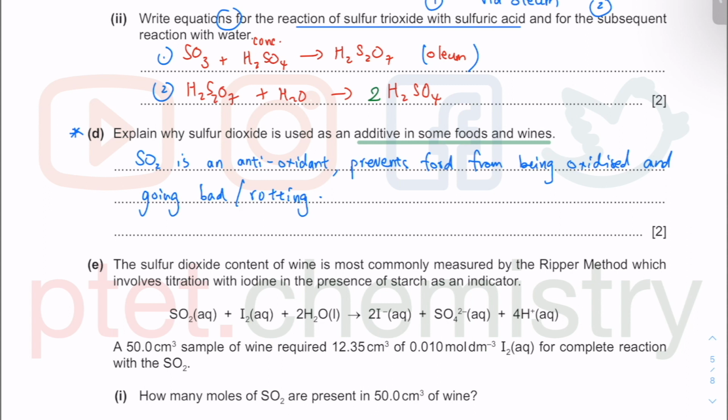But if I'm not mistaken, this has already been phased out from the new syllabus, so you will no longer see it. But if you go back to the 2015 Cambridge International Syllabus, you will have seen this particular statement and how it is being used as an additive in foods and wine.